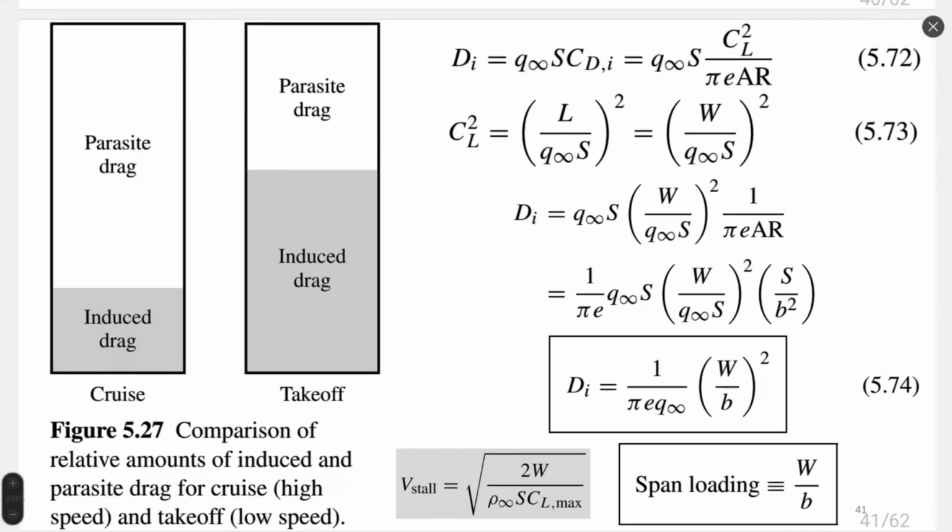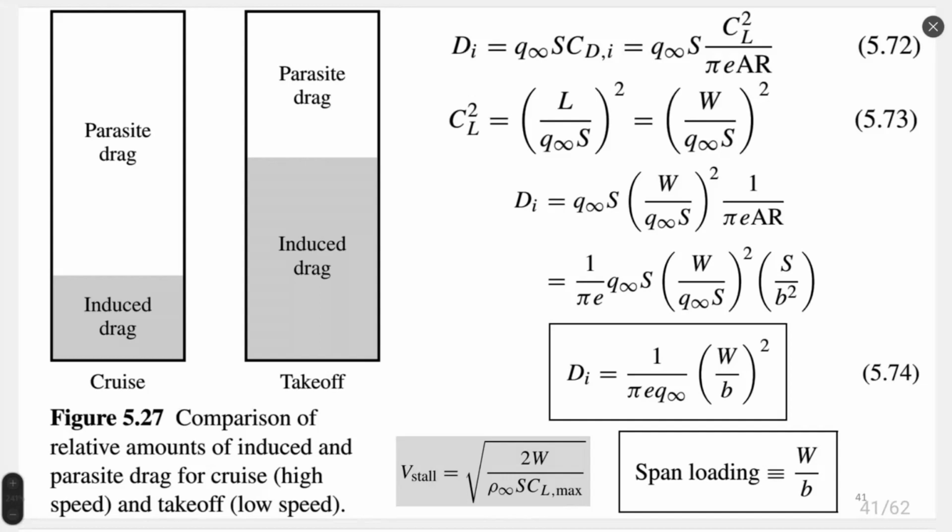And this here is represented to us two regimes of flight: cruise flight and takeoff. What happens on cruise flight? Induced drag always exists, as we know, but relation between parasite drag and induced drag for takeoff and cruise flight are different.